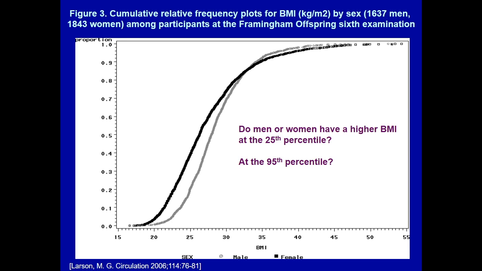At the 25th percentile, we go up the y-axis and find 0.25 approximately, and then see whose value we run into first. In this case, it looks like we run into the females first, which means that males have a higher BMI at the 25th percentile.